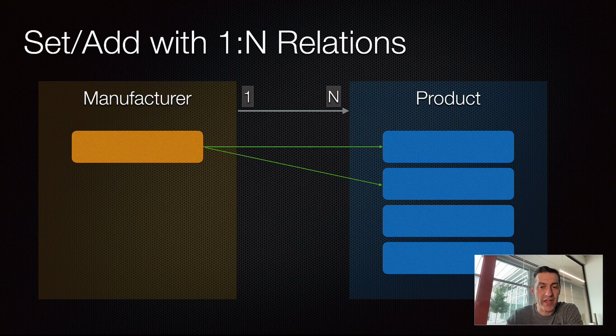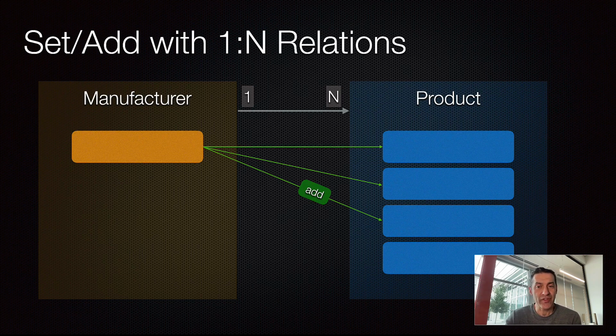And the first API that we will take a look is the add relation API. With the add relation API, you can add additional products, in this case, to the collection of related children for that manufacturer. And when you use the add relation API, you can reference other objects and they will just join that collection.